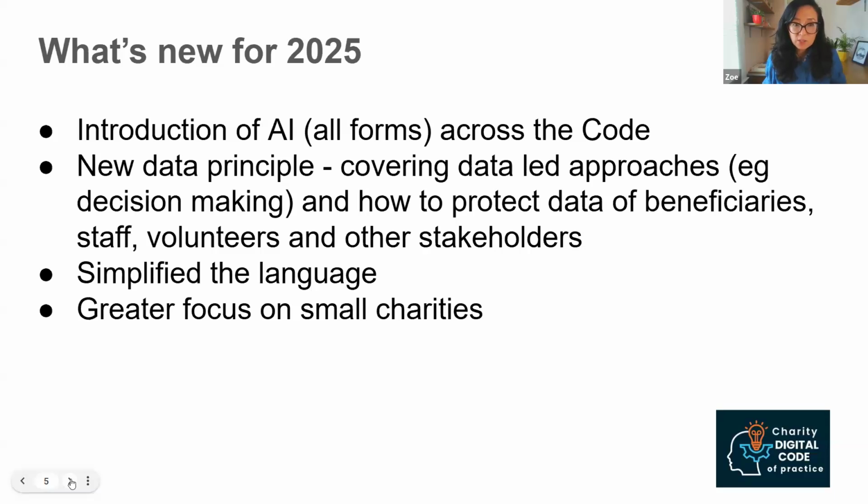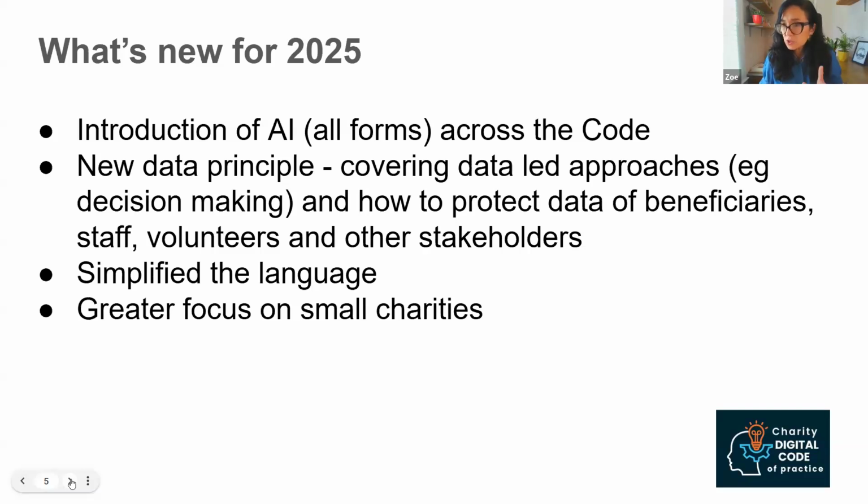A couple of other changes that we made as well. So in the consultation process and in the initial user research, we heard from charities that the code could be quite clunky. The language could be quite jargony. So we were really keen to simplify that this time around and make the code more accessible.